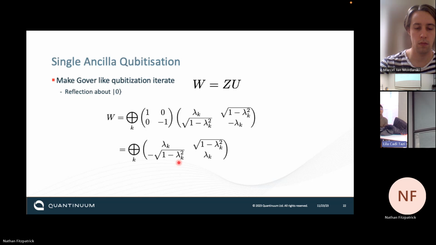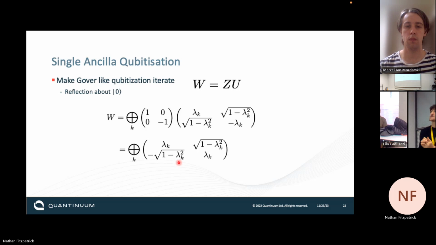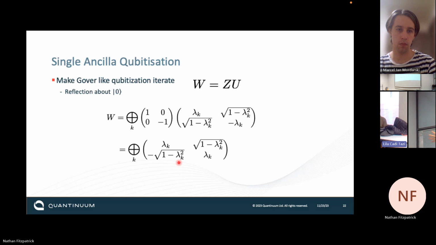Okay. So now we can start to do interesting things in this qubitised subspace of the eigenvector. I used to struggle a lot with this when I was first learning about it, but you can always express an operator in terms of its eigenbasis, so this is completely general.